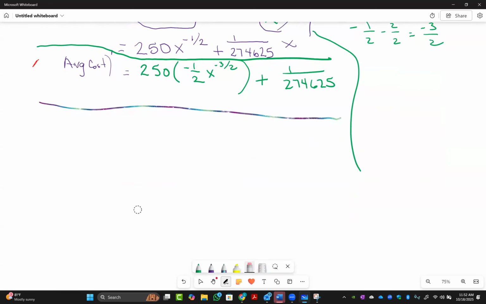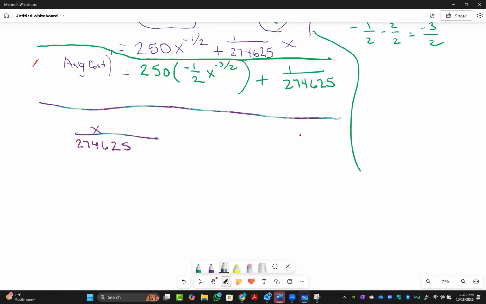If I leave this as x over 2,746,25, or I could say this times x, which would you rather me do, a quotient or a product? How would you do it if you saw this? I would do a quotient. Okay, let's do it as a quotient.